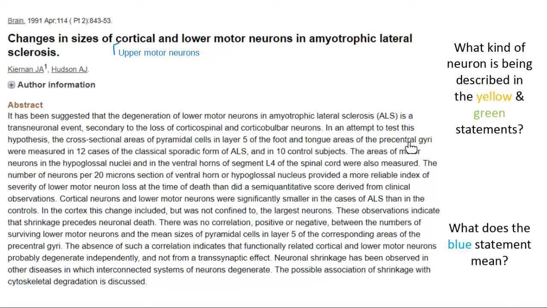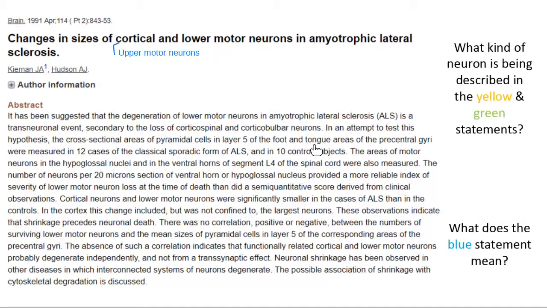That's the place where we had that motor map of your body. What they did is they looked at the foot area on that motor map, and they looked at the tongue area on that motor map. So you could go back to your brain notes and look at the shape of the motor homunculus on that map.